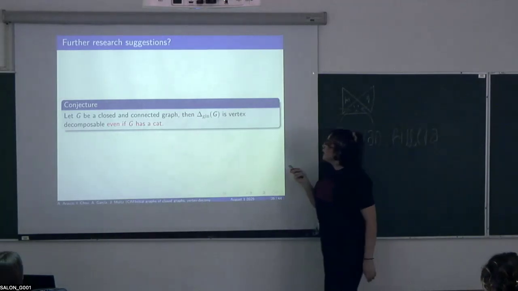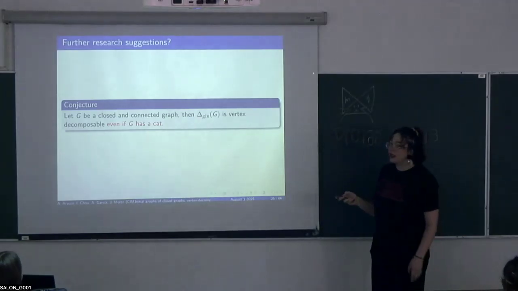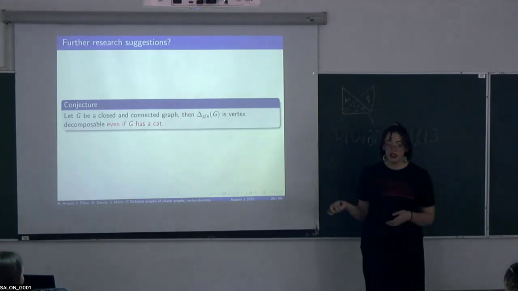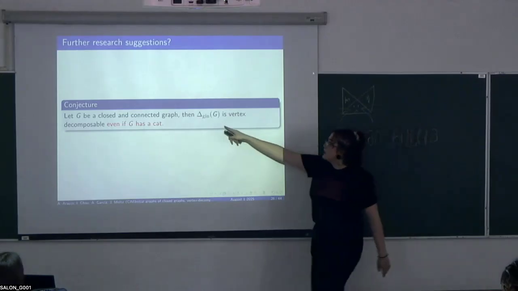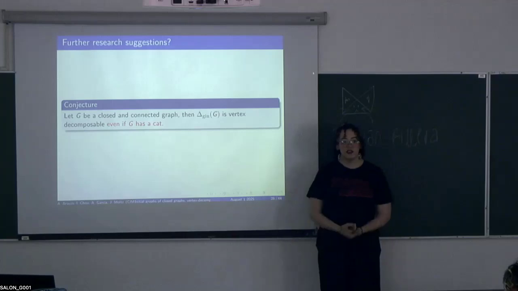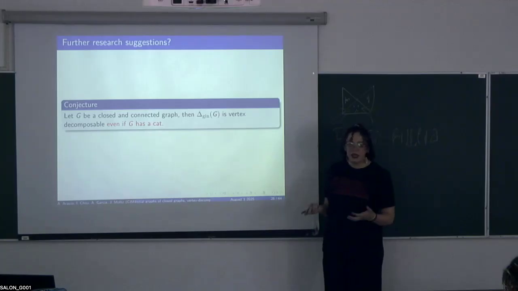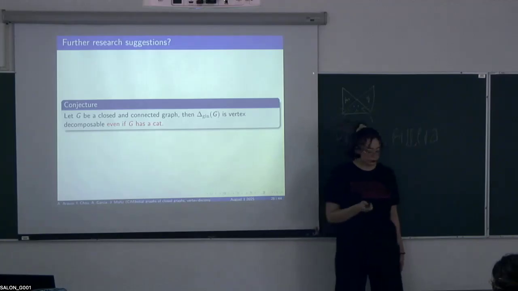The problem here is that the delta gin when G has a cat is not pure. So we have to use the general definition for vertex decomposable, and the pivots are not just one vertex. So maybe we can extend the proof, but for now it's only a conjecture.